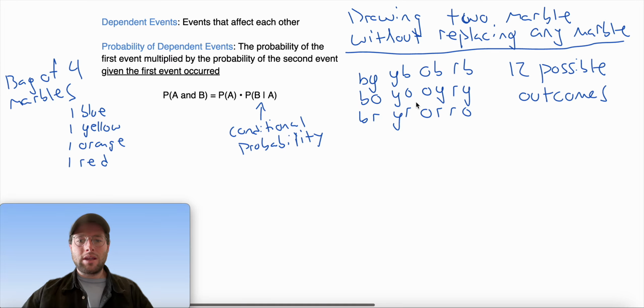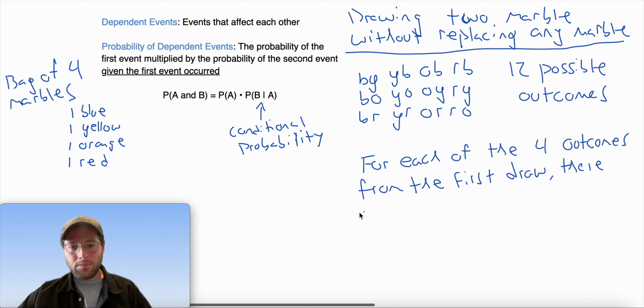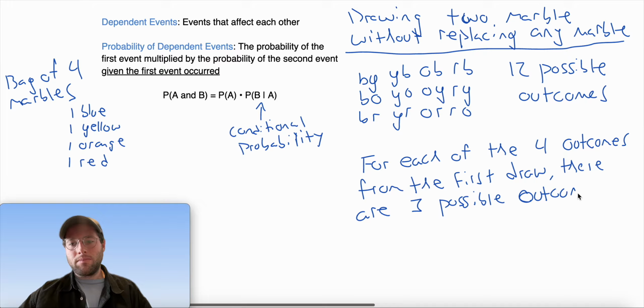We can think of it like this: for each of the 4 outcomes from the first draw, there are 3 possible outcomes for the second draw.